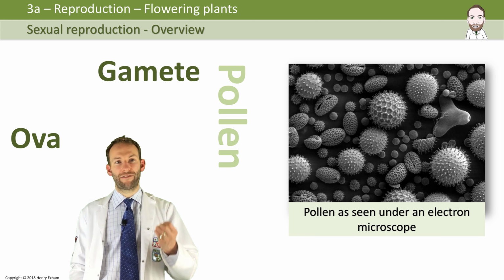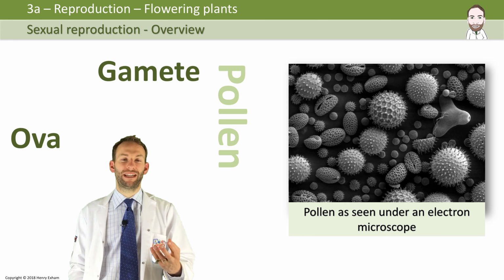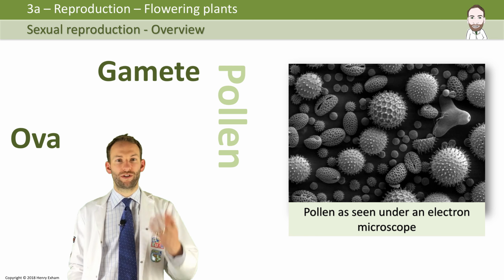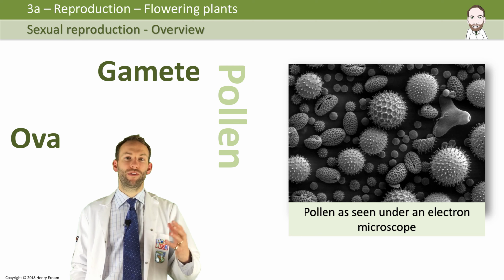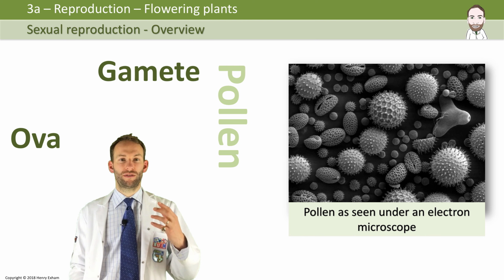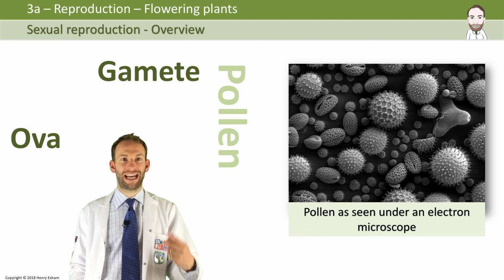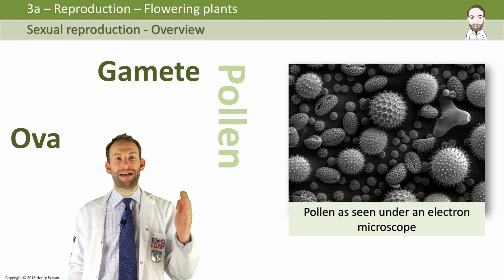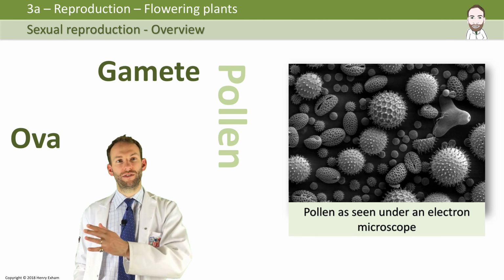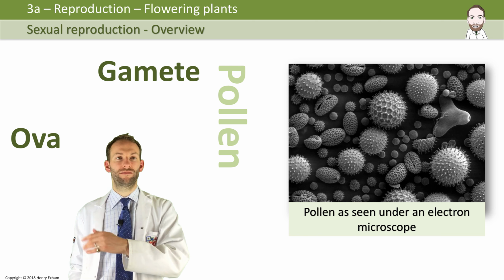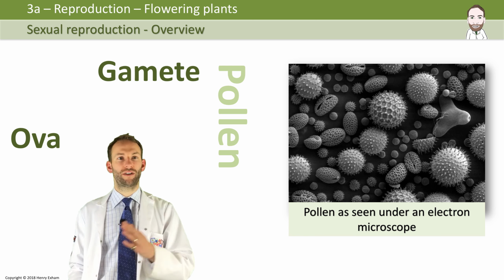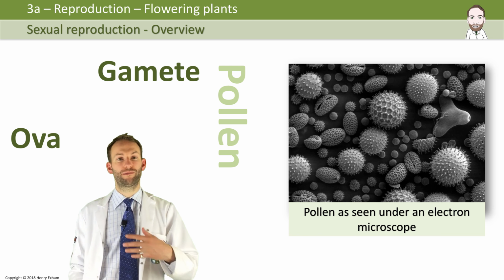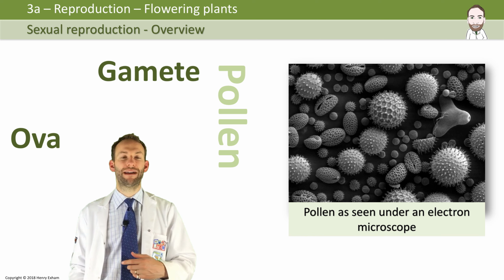Flowering plants have both the male bits and the female bits. So the plant will produce both pollen and ova, but obviously it doesn't really want to just mate with itself, because that's not going to be very helpful. So you still want the male bits from one flower to go to the female bits of another one. So you still want plants to breed, but the plants will produce both male and female gametes.